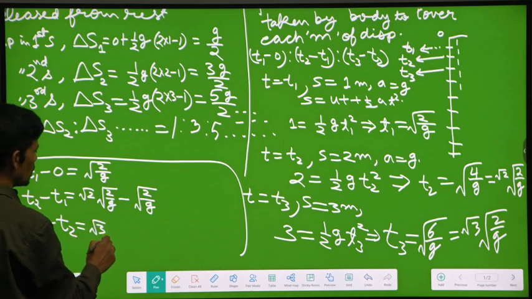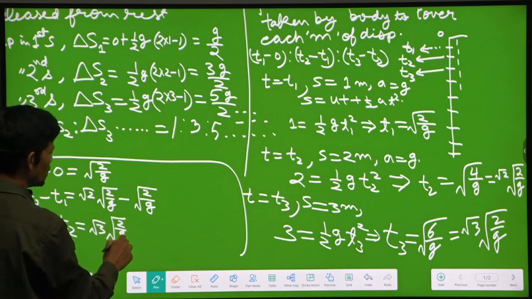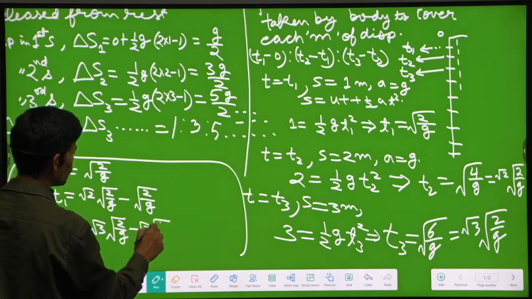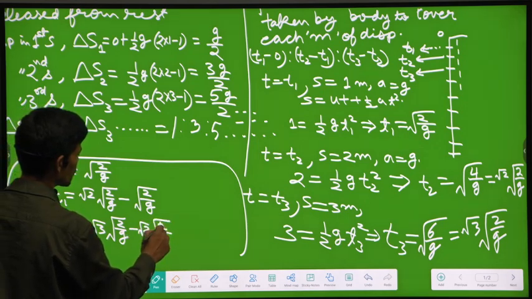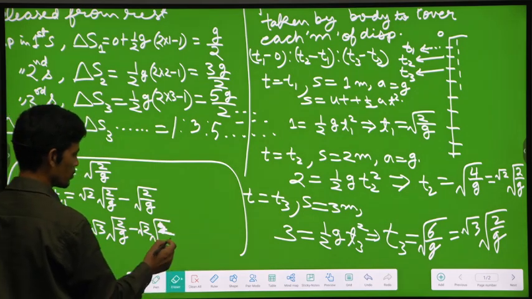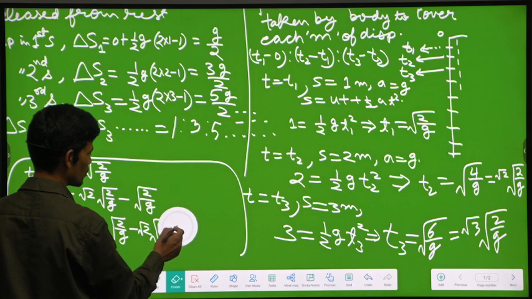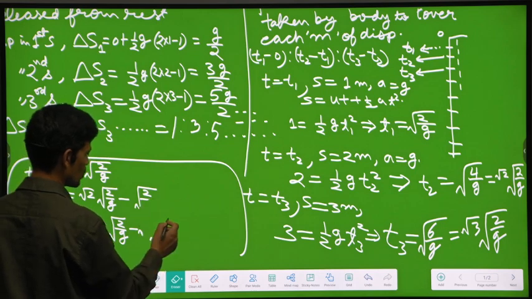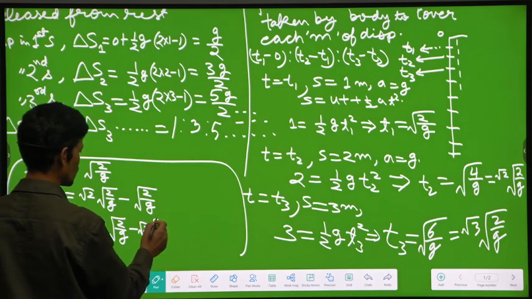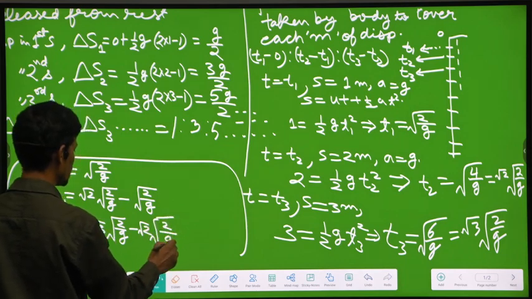For the third, t3 minus t2 is root 3 root 2 by g minus 2 root 2 by g.